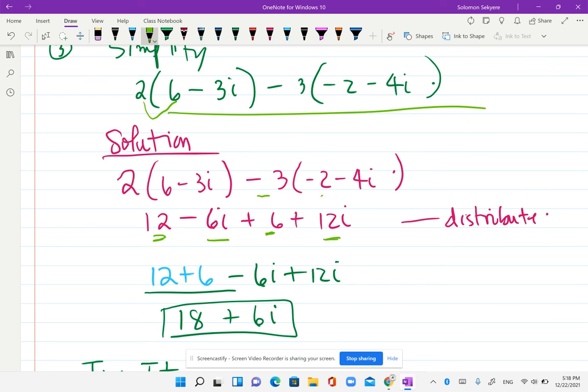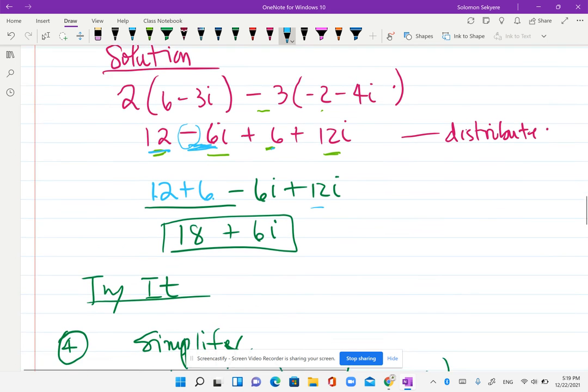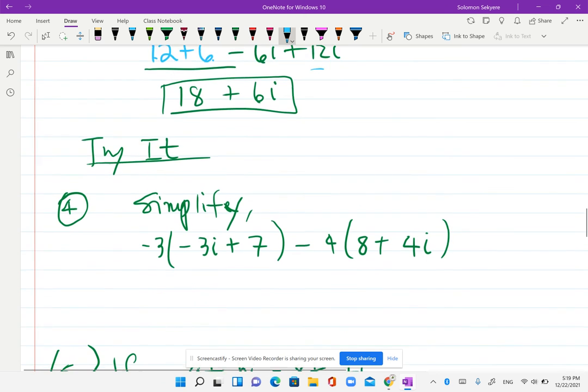Once you distribute, you collect like terms. Always make sure the sign before the number goes with it. So it's 12 plus 6, and then negative 6i plus 12i, and your final answer is 18 plus 6i.